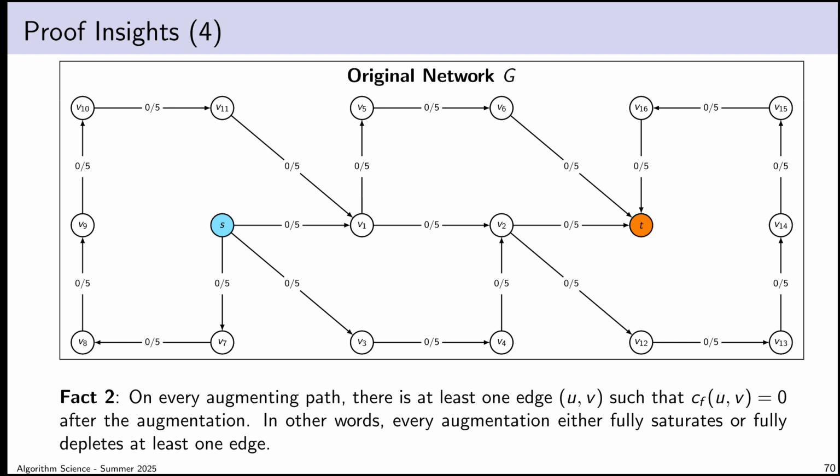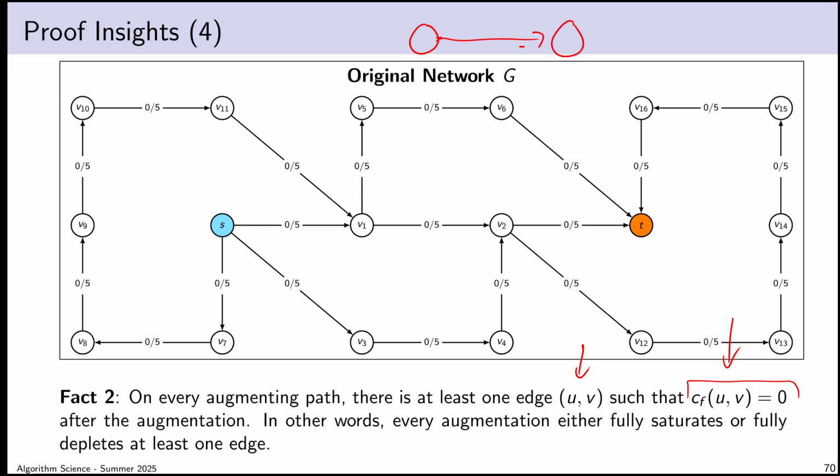Fact 2. Fact 2 is actually a bit easier. Fact 2 says that on every augmenting path, there is at least one edge such that at the end of the augmentation, the residual capacity of that edge equals 0. This is actually a consequence of the way that we defined augmenting paths originally, or the way that we defined the augmentation process.